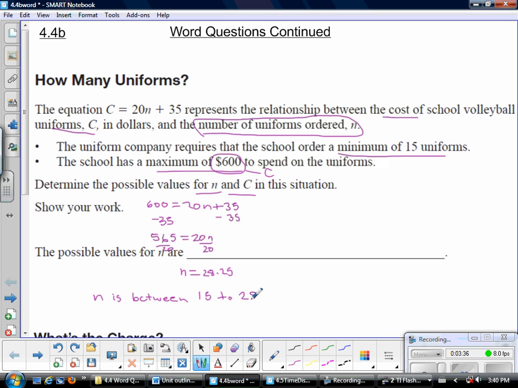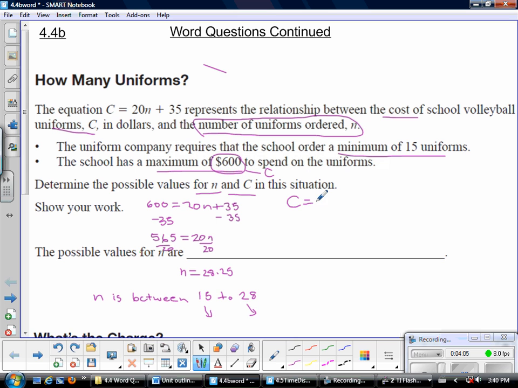Okay, now that takes care of N, but I want to know about my C. Okay, what are the possible values for C in this situation? Well, it isn't 600. Okay, because I can't use the full 600. I could figure out how much that cost would be if I did purchase 28. So what I need to do now is I have to substitute this in first and then this one to get my two values for my cost.